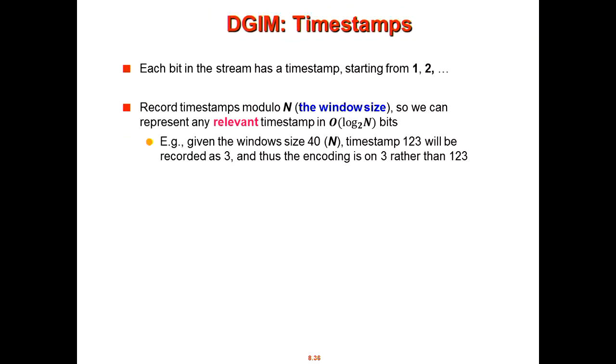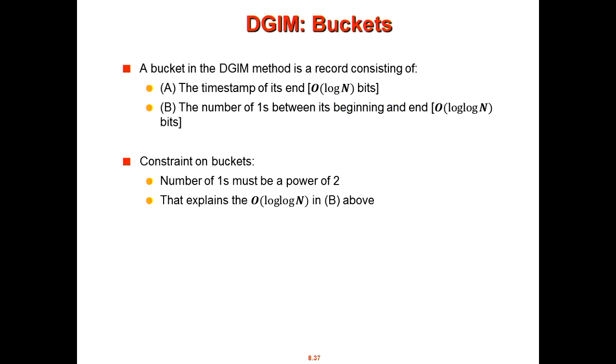And next is about how you can maintain the buckets when some new bits come to our system, how to do the update. About space cost, remember that log n for the time step to represent its end.